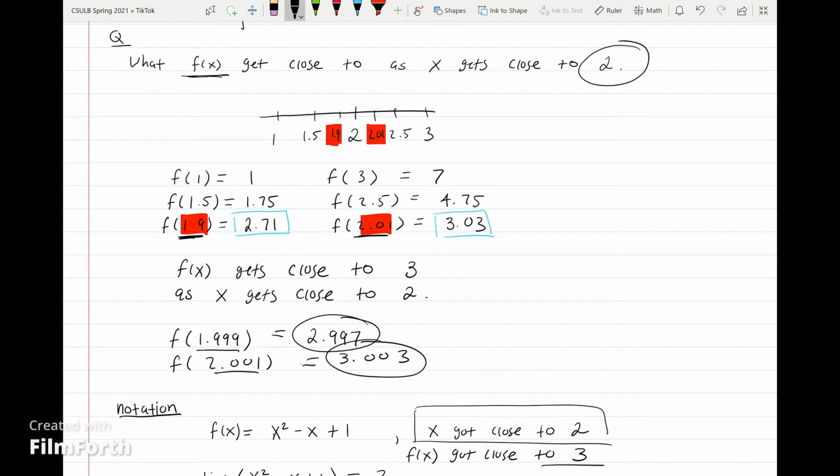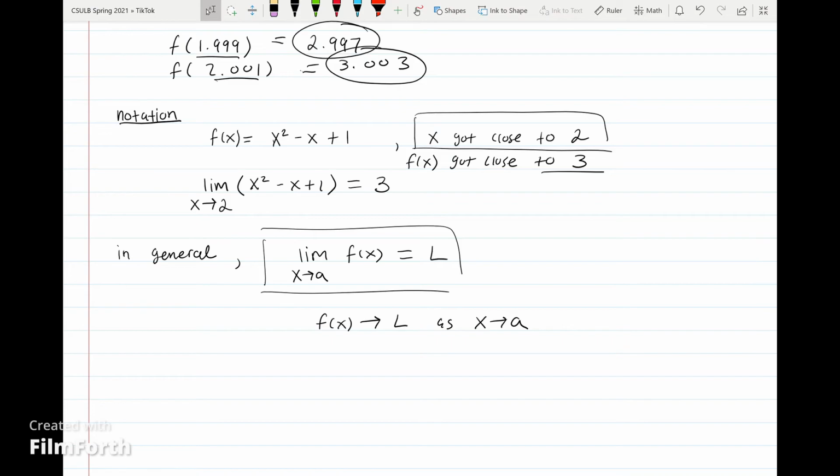But two things. One, it takes time. It's time consuming and it can be messy. And two, it doesn't always work. It actually can throw you off. And I'll show you an example of where you plug in numbers and it looks like it's going to equal something, but it turns out that it's completely wrong.